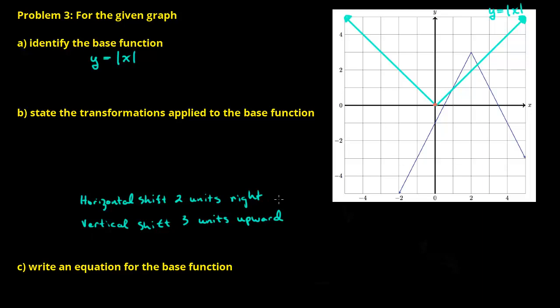So what that tells us is that our value for d is going to be equal to 2, and our value for c is going to be equal to 3.